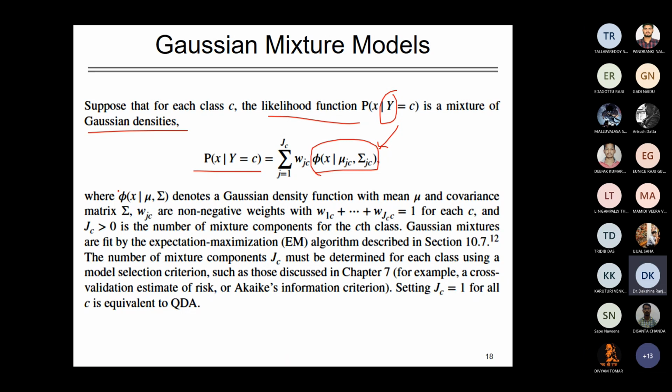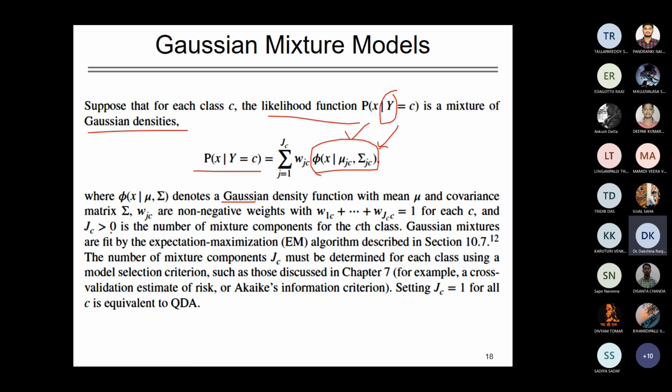Okay, so this function phi of x given mu comma sigma denotes the Gaussian density function. So this part of the expression represents the Gaussian density function in terms of mean mu and covariance matrix sigma, and WJC represents the non-negative weights. If we take the summation of all the non-negative weights, then this will give us 1.